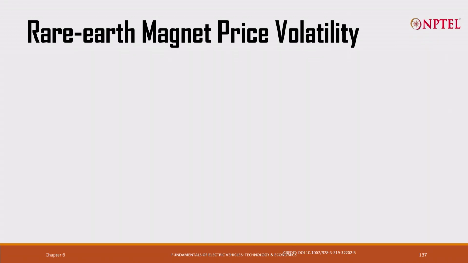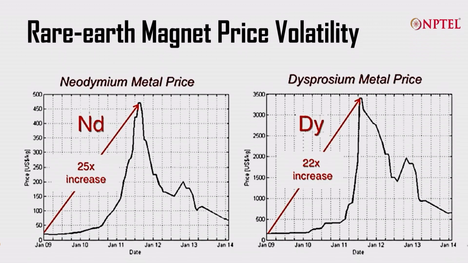Now I will very quickly take you through a few slides before we wrap up. We have always talked of rare earth magnets because they are very strong, very powerful, but rare earths, as the name itself suggests, it is rare and therefore very expensive. And not only is it expensive, but its price tends to go up and down very often, and this is some graph of how the price went up and down.